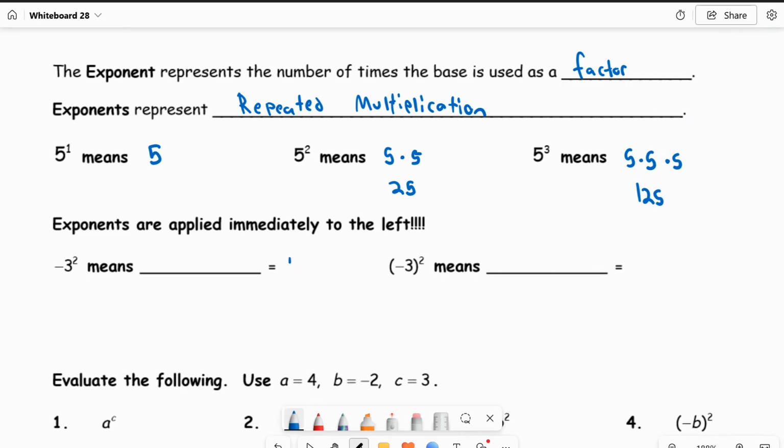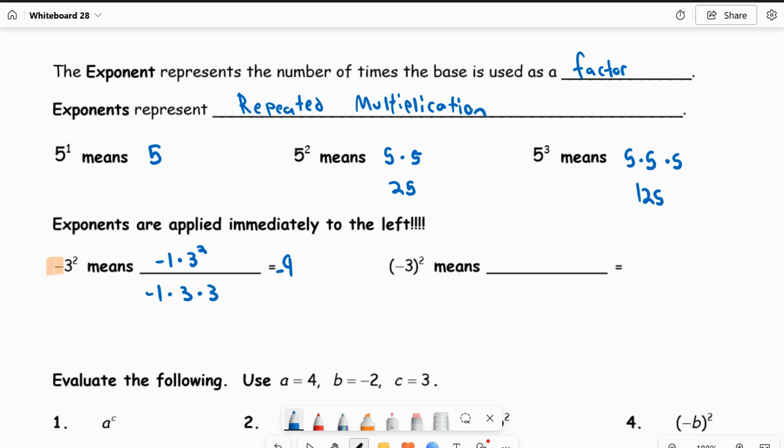Remember, when you're working with negative numbers, exponents are applied immediately to the left. So if you do have a negative out in front of an exponent, like in this case here, with no parentheses, that really just means negative 1 times 3 to the second power, which, if we wanted to expand even further, would be negative 1 times 3 times 3, which would give you negative 9.